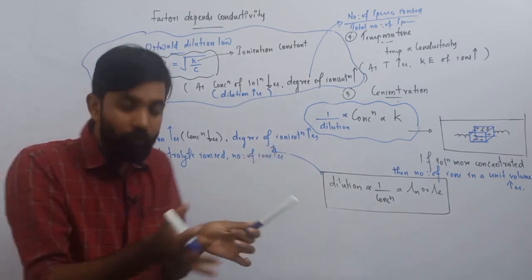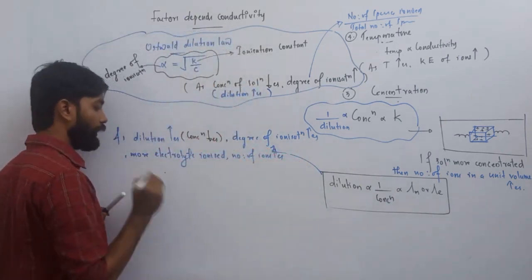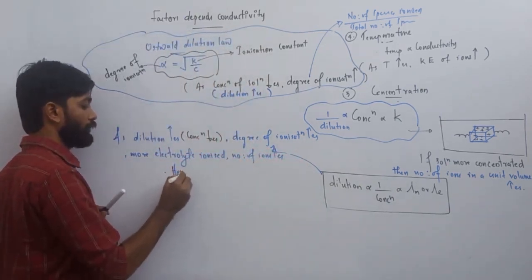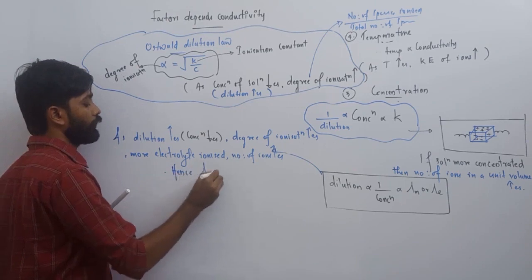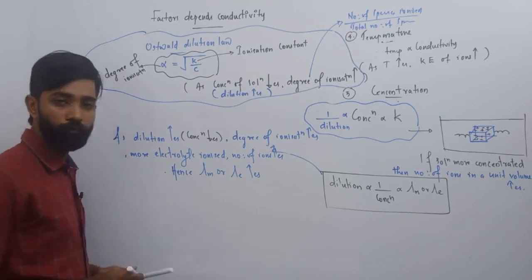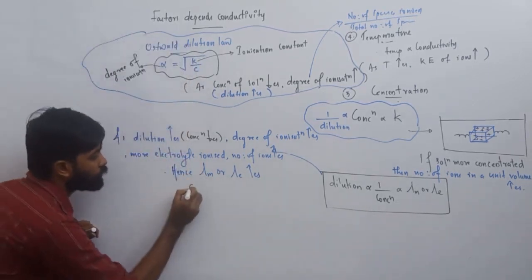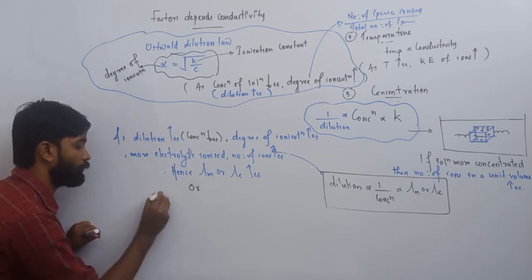If more electrolyte gets ionized, it means the number of ions increases. Hence your lambda m or lambda e increases.